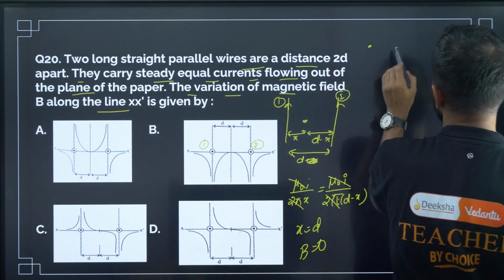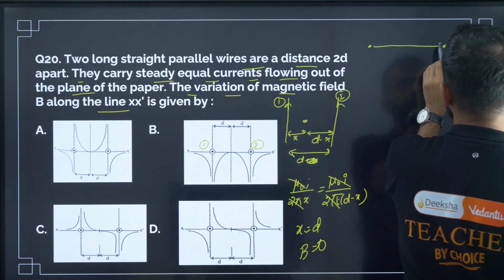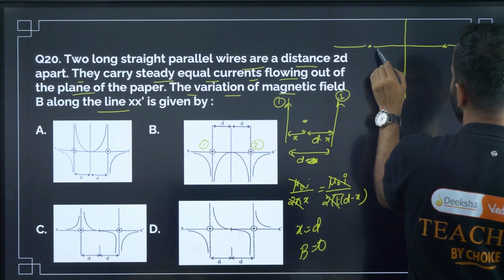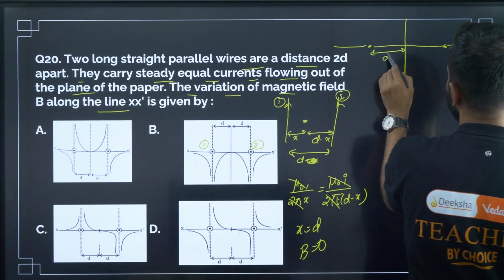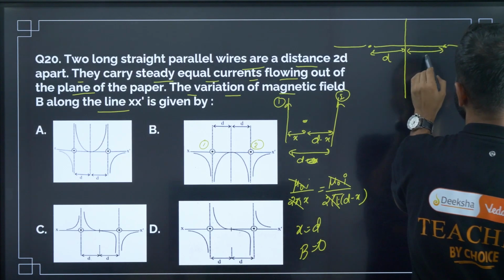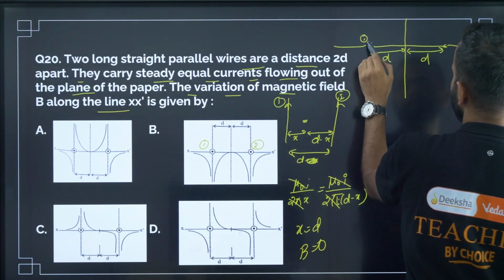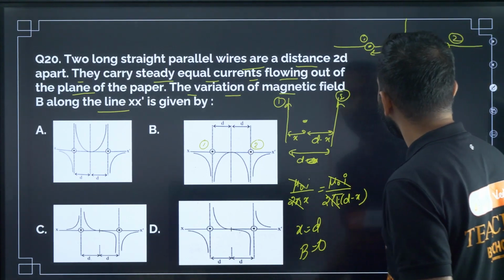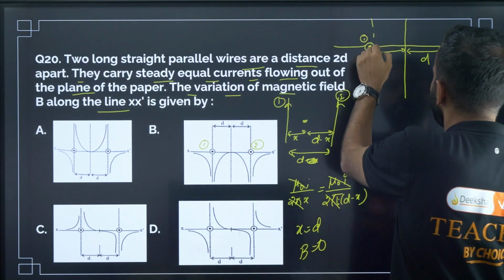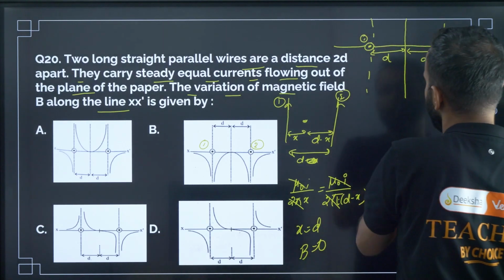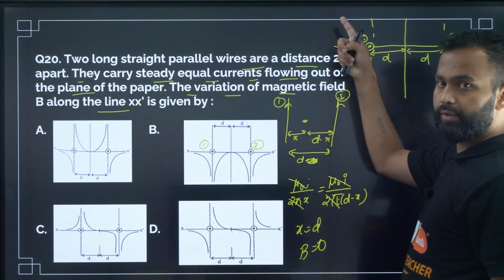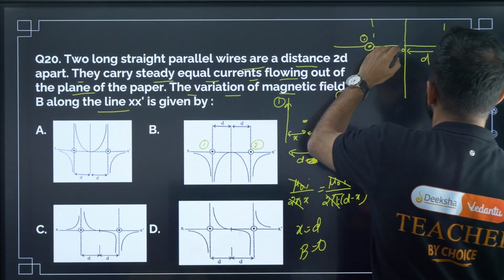I will draw the variation of magnetic field along the line xx dash. So at this point, magnetic field is 0, right? This is the first wire and second wire. As you move towards the first wire, the magnetic field increases, right?